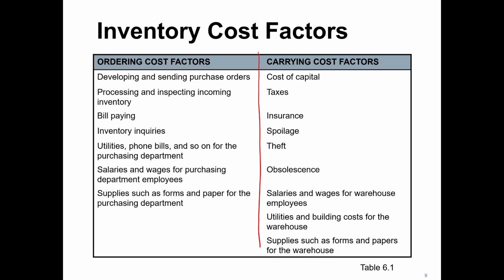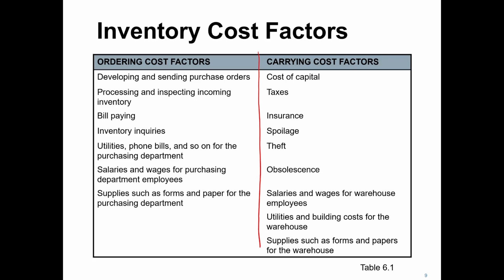It's about developing and sending purchase orders, processing and inspecting incoming inventory, bill paying, inventory inquiries, utilities, phone bills, and so on for the purchasing department, salaries and wages for purchasing department employees, and supplies such as forms and papers for the purchasing department.